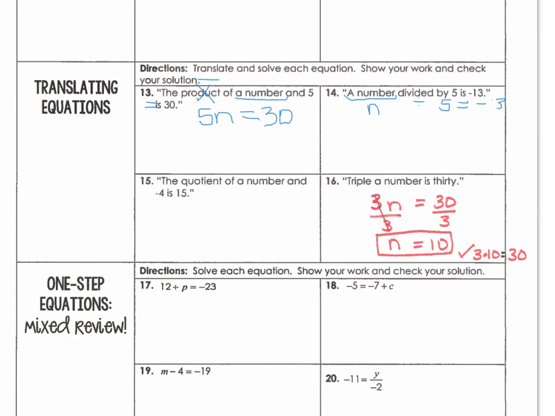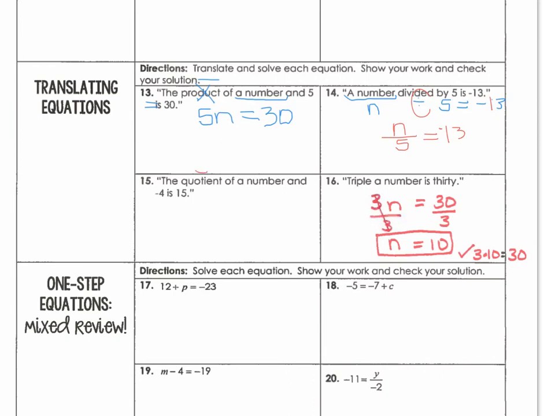Now your algebra teacher isn't going to really like the line for the division symbol. Okay, so another way to write that is with the vinculum. So n divided by 5 equals -13.